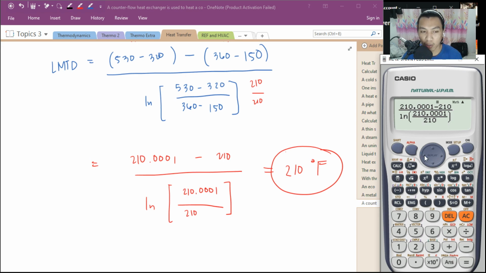Pero kasi, 210 na yan. Okay? Gawin natin. Approaching to 210. 209.9999. Tapos dito sa taas, 209.999999. The answer is still the same. 210. Ganun pa rin. Okay?